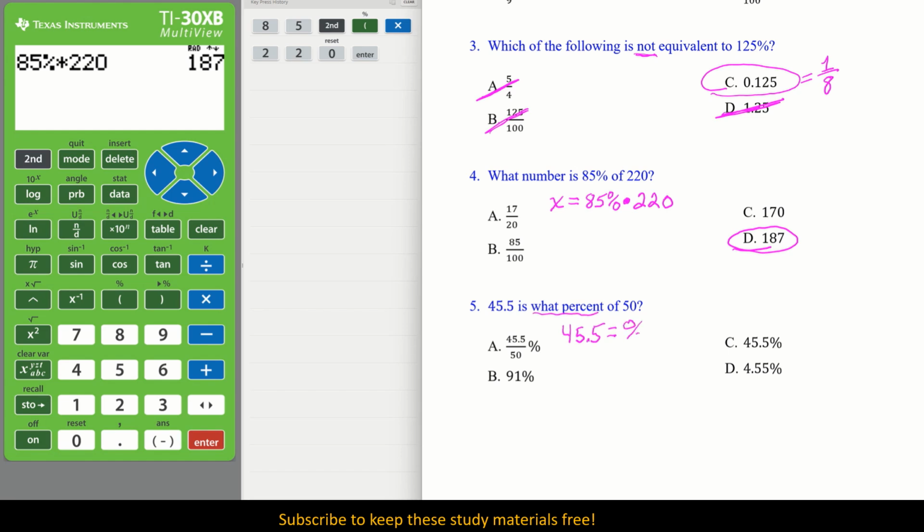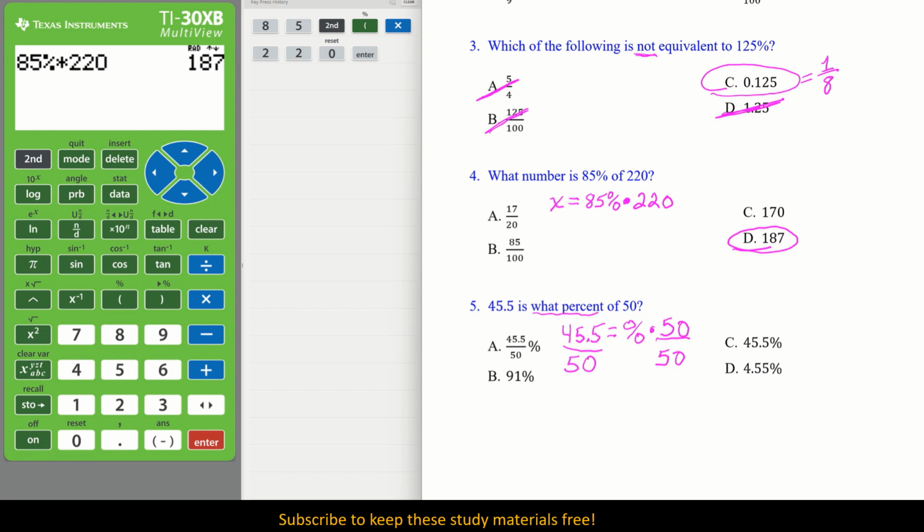So let's do percent, and "of" would be times 50. Now, if we're going to deal with this algebraically, and I said that this is a variable, let's say it equals x, okay? So what would we do? We treat the percent like a variable. We would divide both sides by 50.